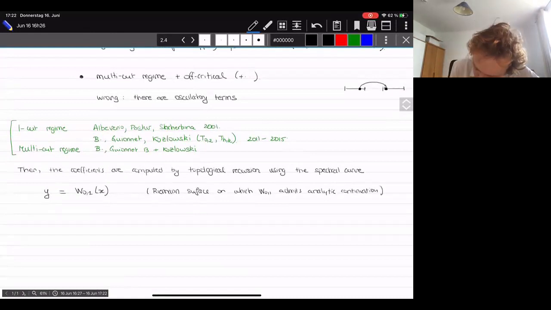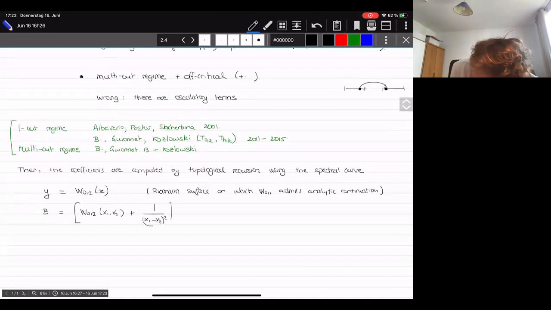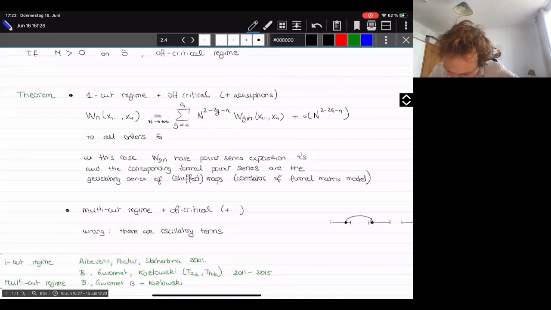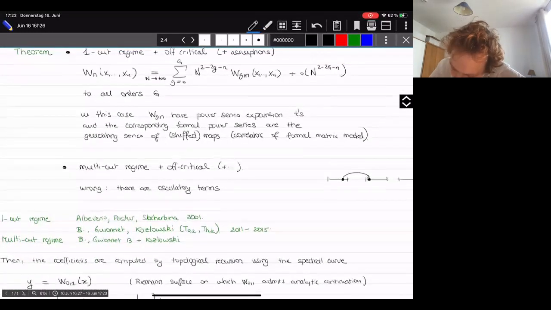And in topological recursion, you also need, as appeared in some lecture, the so-called fundamental bidifferential of the second kind. This is given by W02 plus 1 over (x1 minus x2) squared dx1 dx2. In this particular setting, W2, the first term is exactly N to the 0.